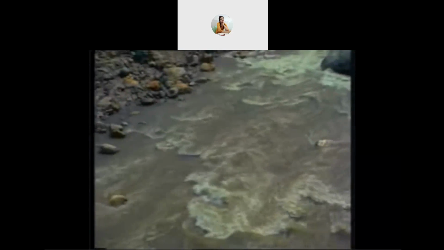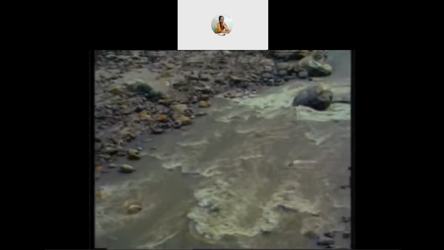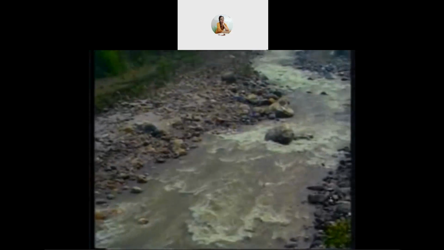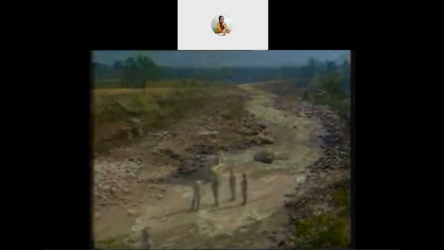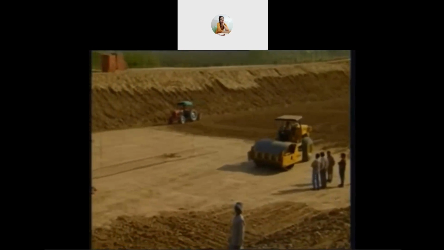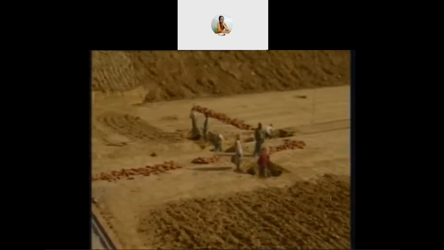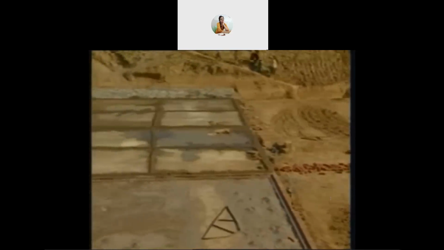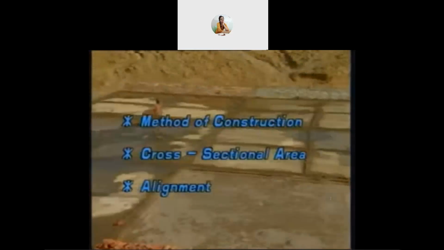Hence, they do not provide water at the desired location and in required quantities. This has resulted in human intervention with the natural channels and the development of artificial channel networks. These channels are classified according to their method of construction, cross-sectional area, and alignment.